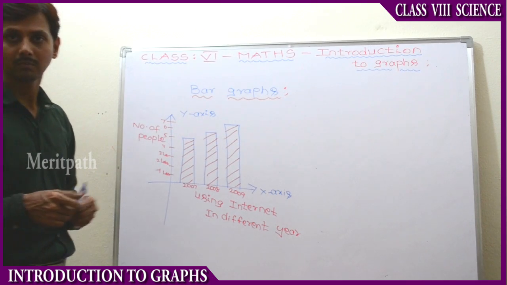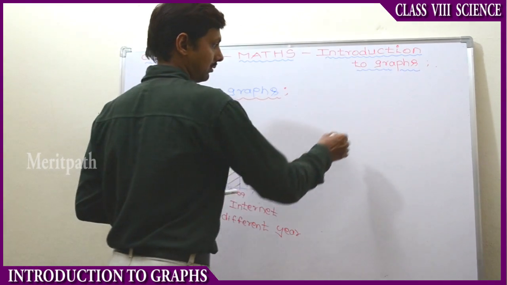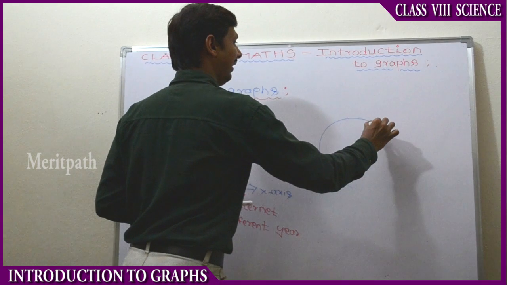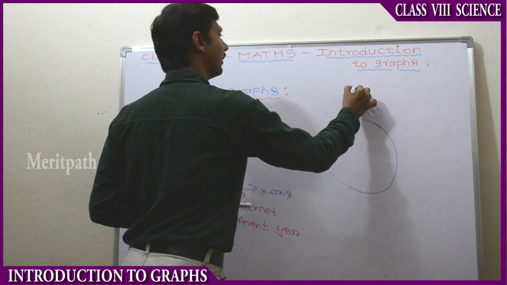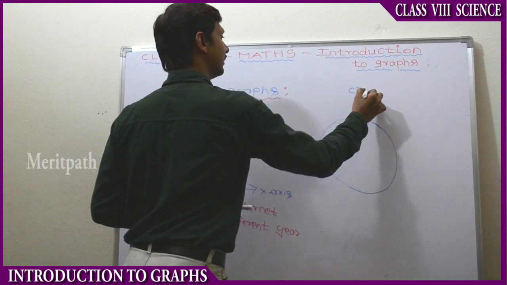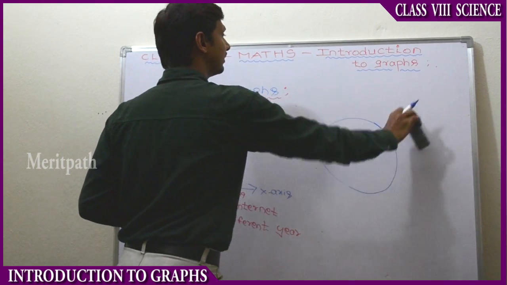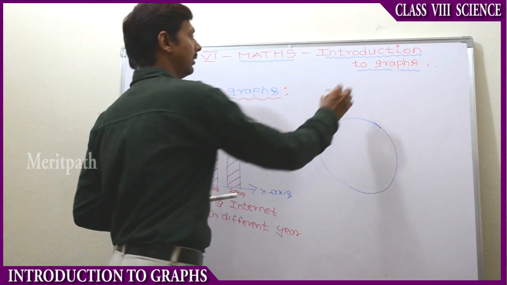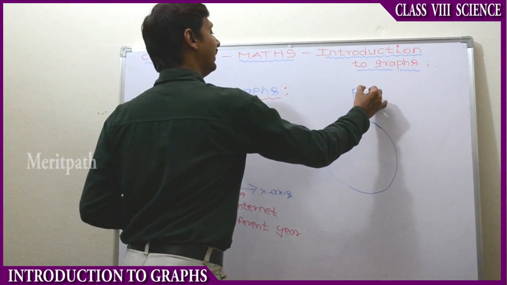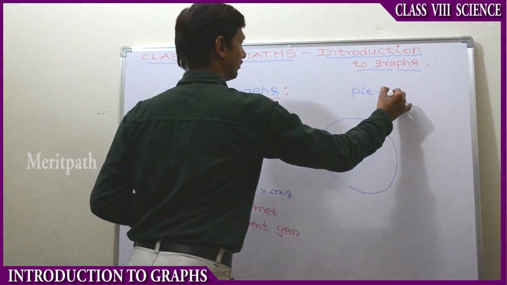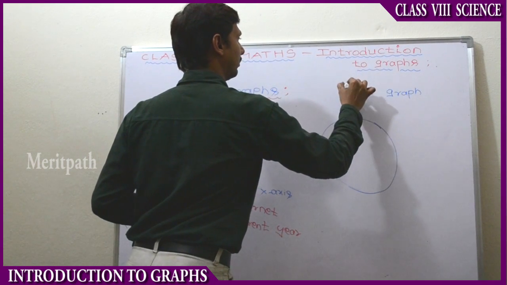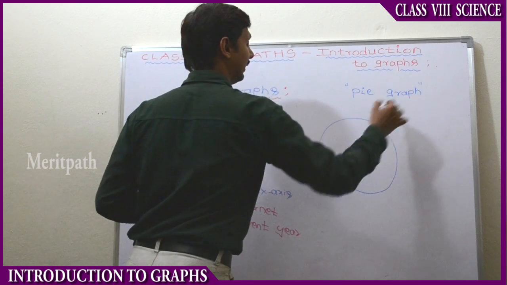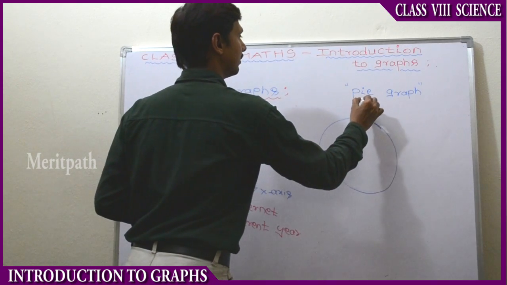Let's see. If we represent the information in the form of sectors in a circle, it's called a pie graph or pie diagram. Pie graph or pie diagram, we call it.